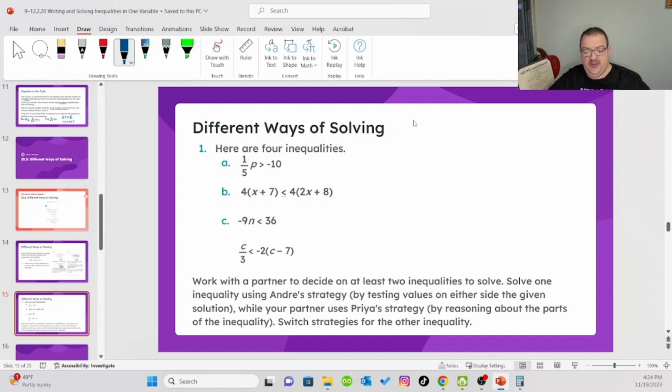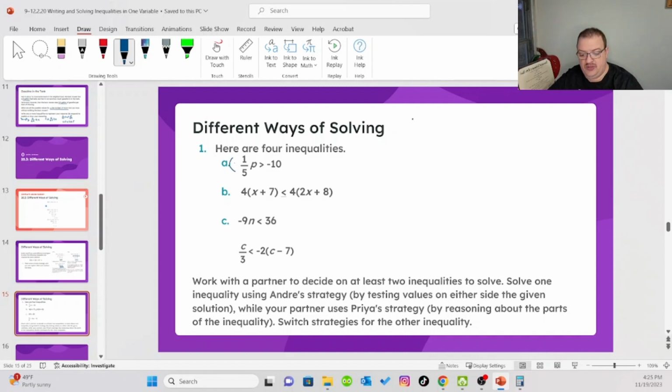So now they give us 4 inequalities, and they want us to use one of these methods in order to solve. So they want you to try out Andre's method and Priya's method and see which one you prefer. So if I use this first one, 1 over 5 p is greater than negative 10, I know that I can get rid of a fraction by multiplying both sides by the denominator.